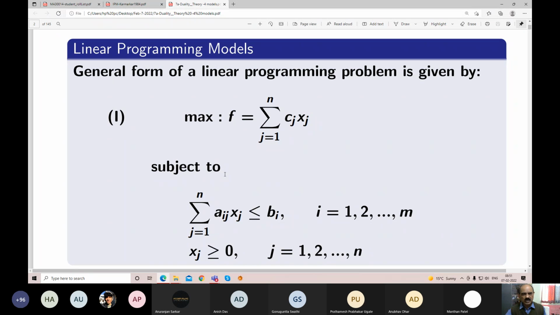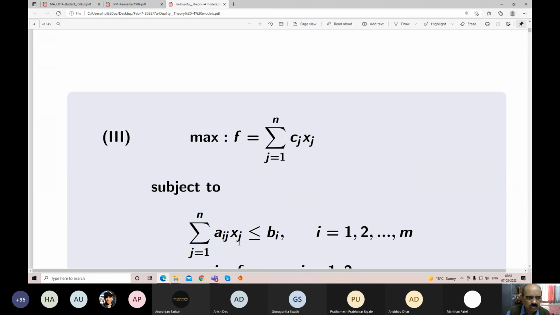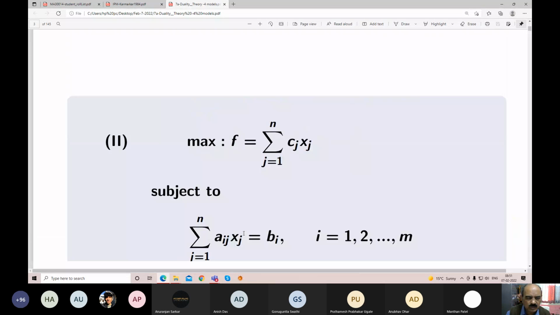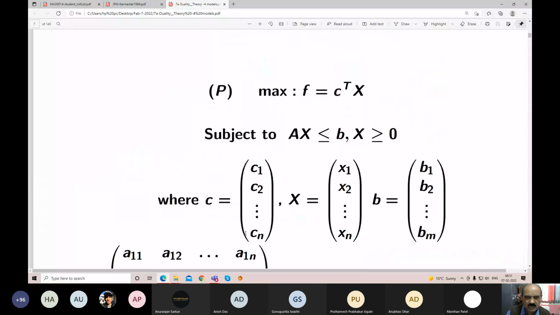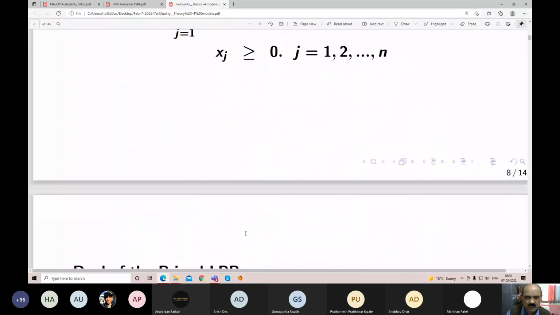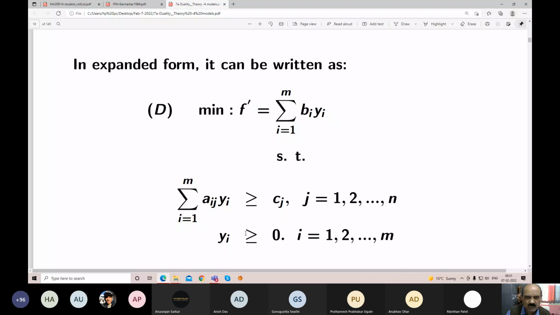This I have already told. What is the dual? The dual is this, you can see. This is the primal, the dual is this. In the expanded notation, this is the dual. Yes or no?